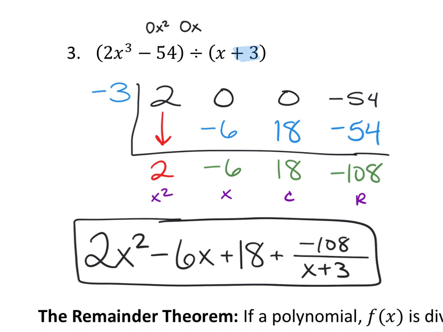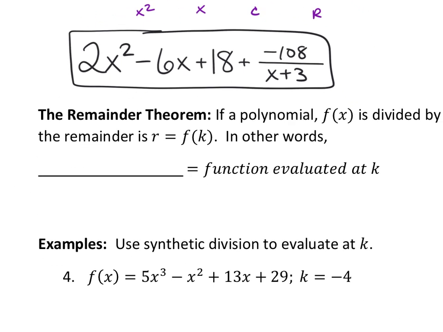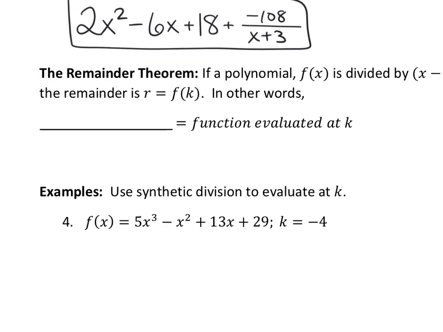Okay, before we do this remainder theorem, which is the bottom, I want to prove to you that this really is a shortcut for the types of problems that we did last class. So I'm going to go back to the one I showed you at the beginning of class. This last little part is called the remainder theorem. The remainder theorem is a part of factoring that's very, very helpful and will come back to us next class as well.